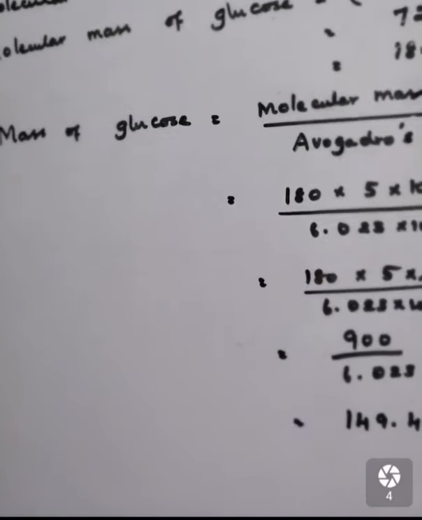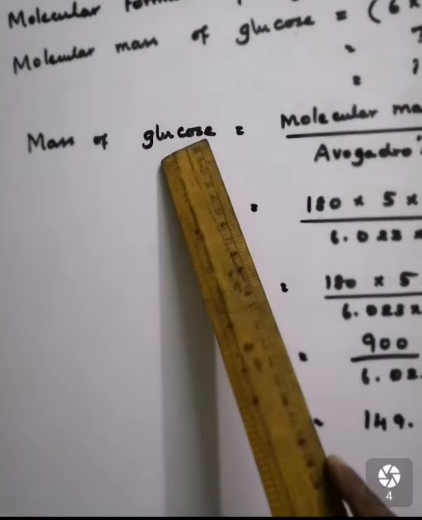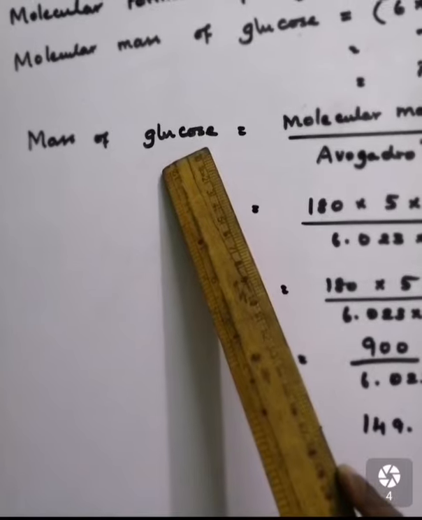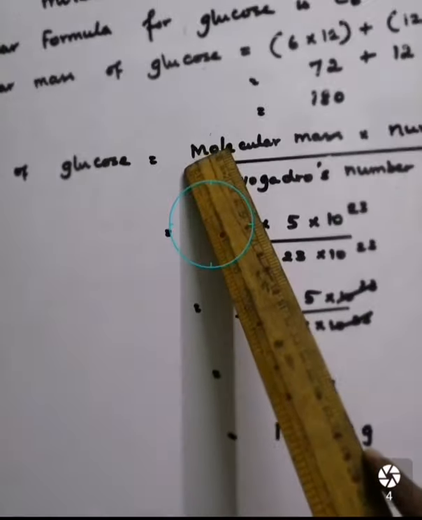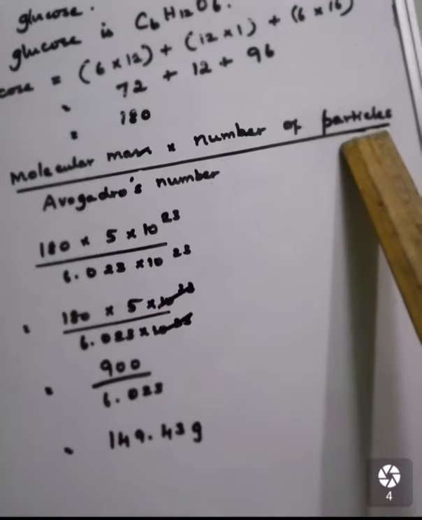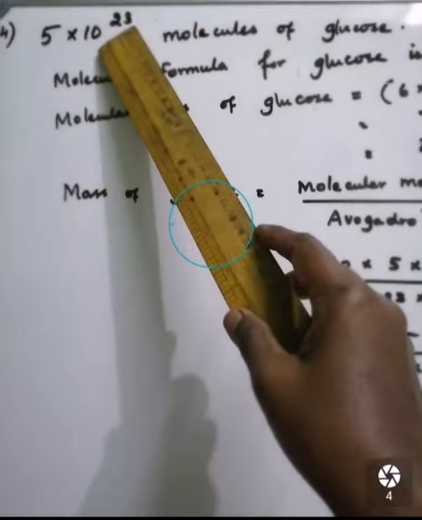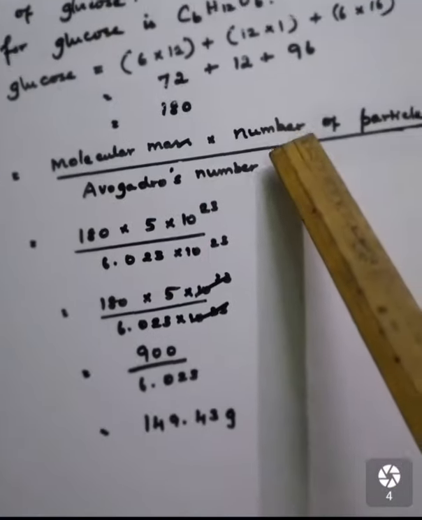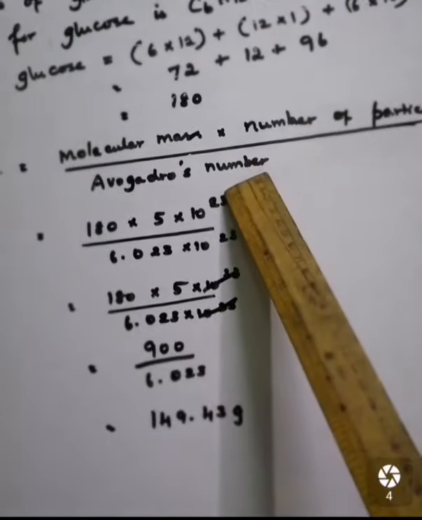Now let's come to the formula. Mass of the glucose you are going to find out. What is the formula for finding out the mass? It is nothing but number of moles into molecular mass. Since the particles are given, you would be writing for finding number of moles, number of particles divided by Avogadro number.